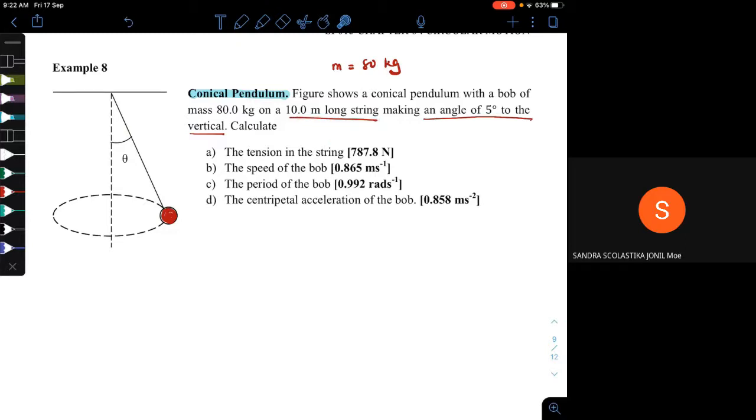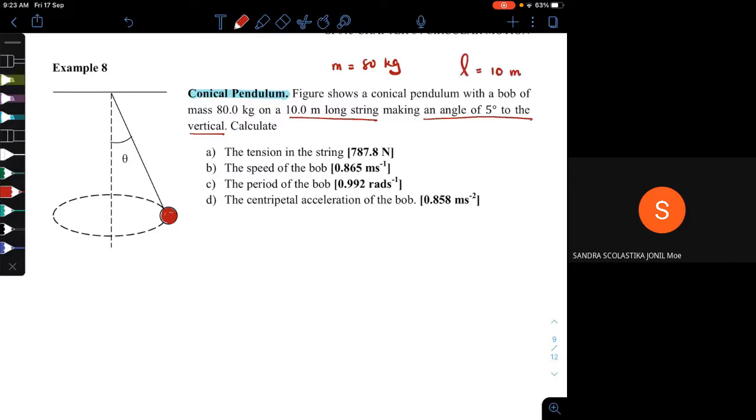So dia bukan dia punya radius. Ni adalah panjang string ni kat sini. This is the L. Radius tu yang ada kat sini, okay? Macam tadi memang dia pegang kat sini dia pusing kan? So kita boleh cakap lah panjang tali tu dia punya radius. Tapi sekarang ni dia tergantung kat sini. So it's not the radius.